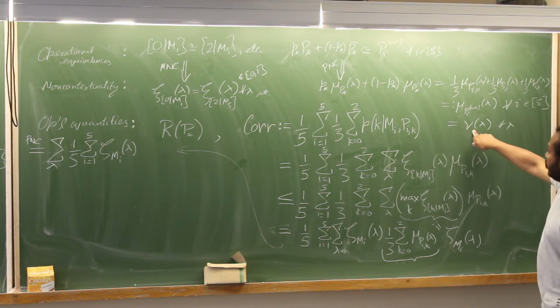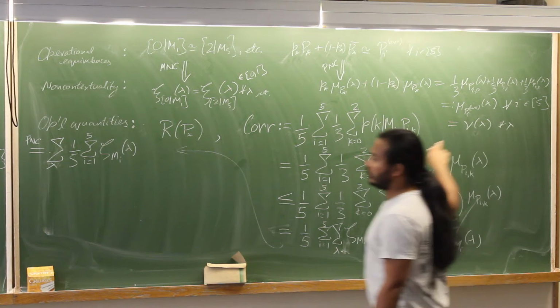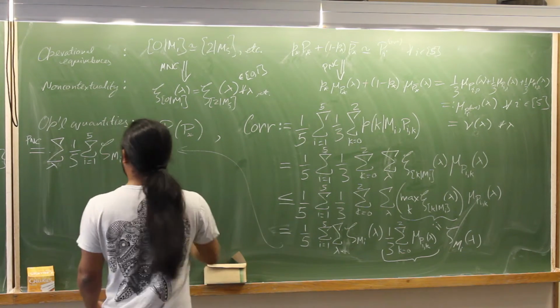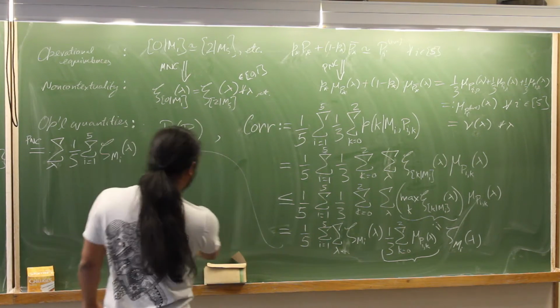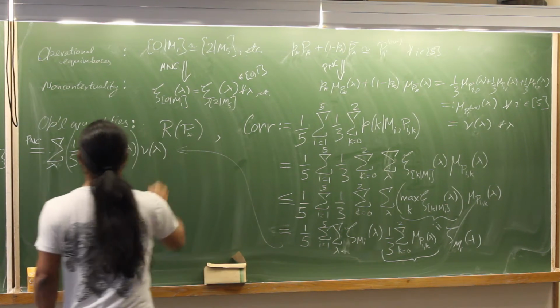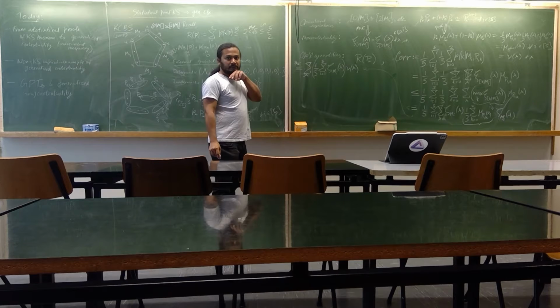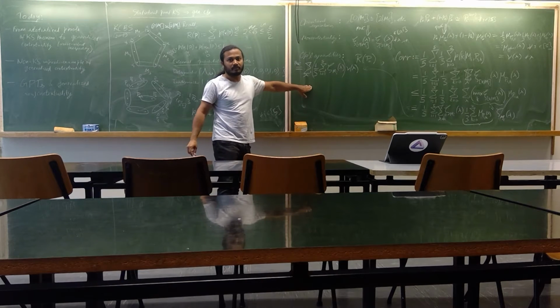By preparation noncontextuality, I'll just call this nu(lambda). So just like we did last time, I'm just rewriting things.